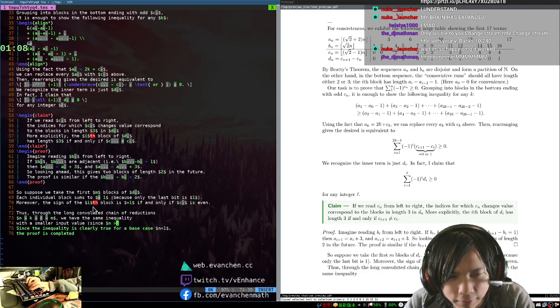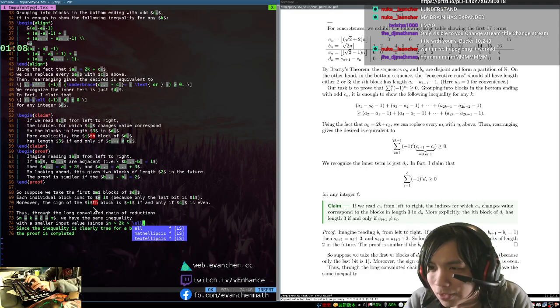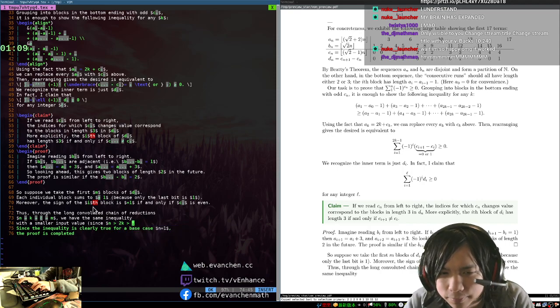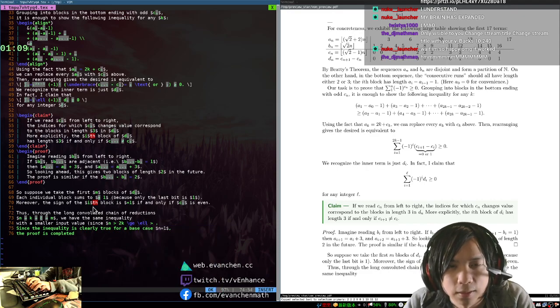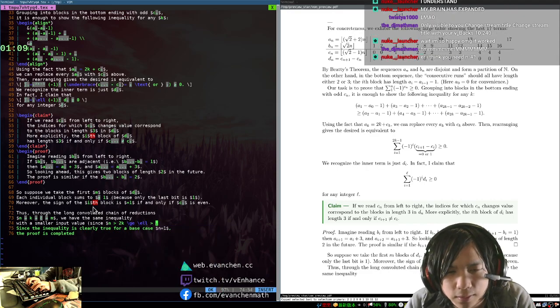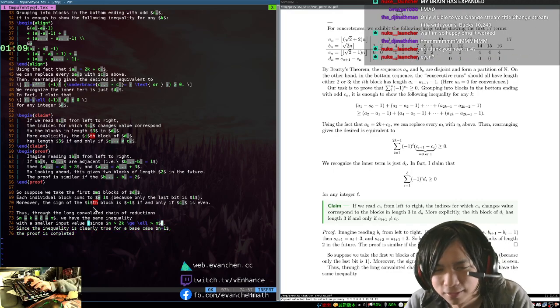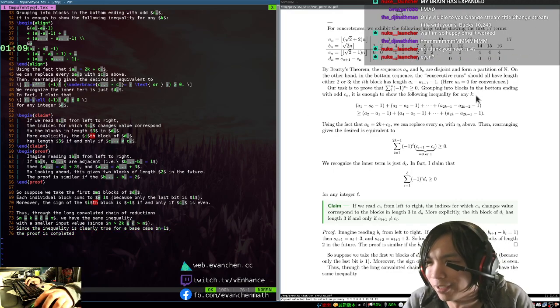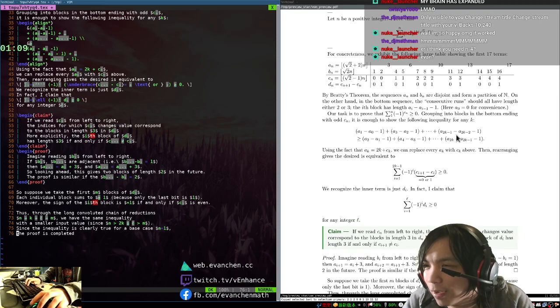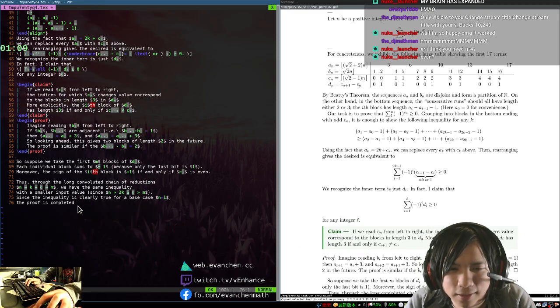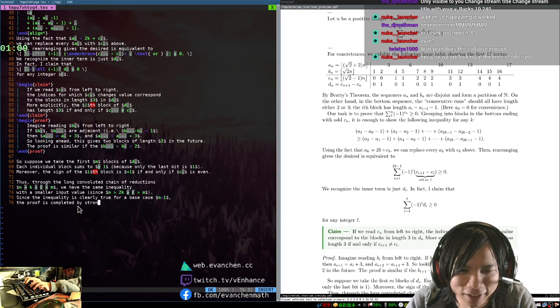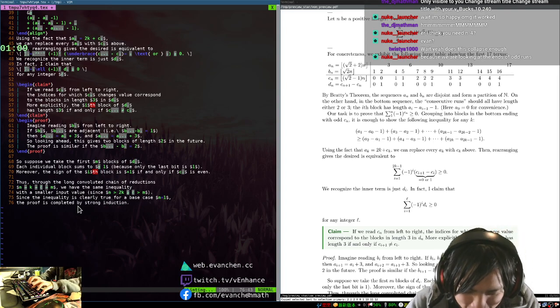Since n is greater than 2k, which is greater than l. Damn, I'm not being very careful at this point. The proof is by strong induction.